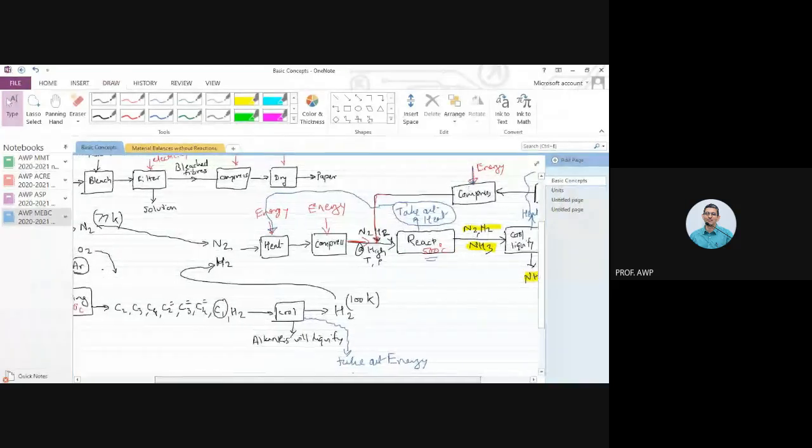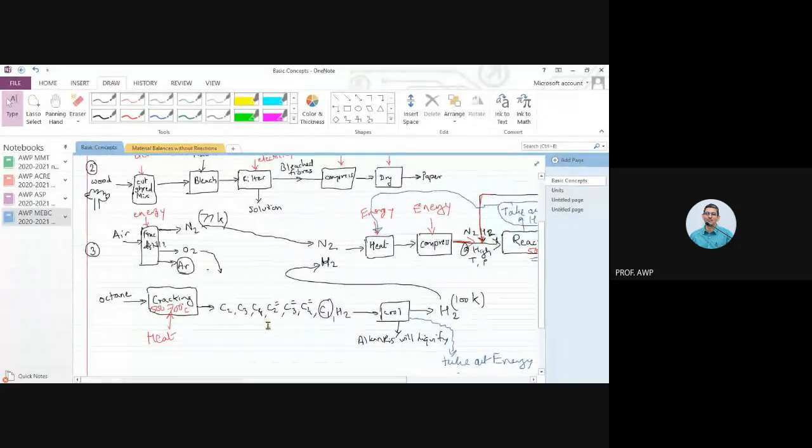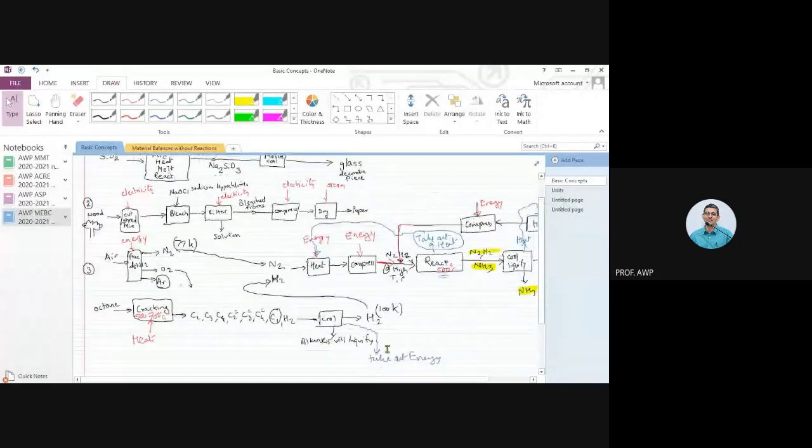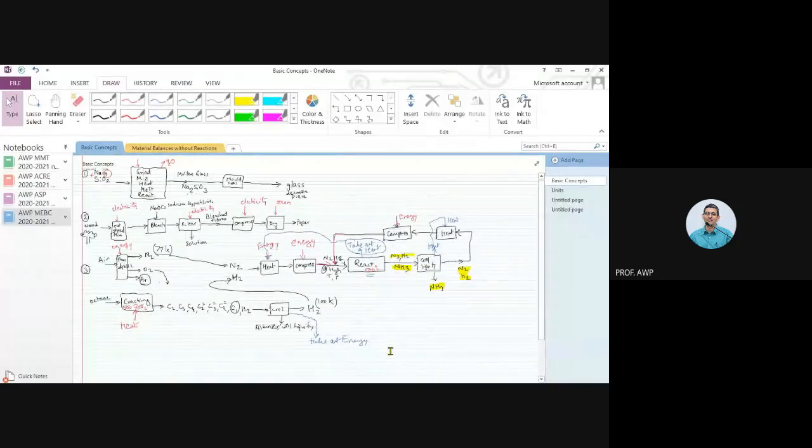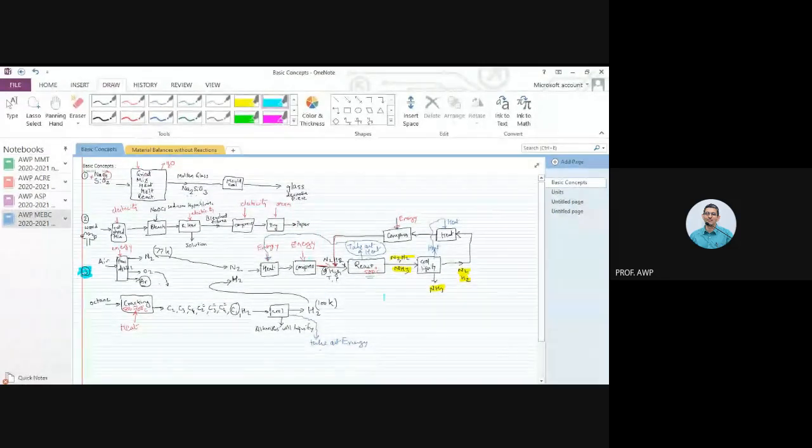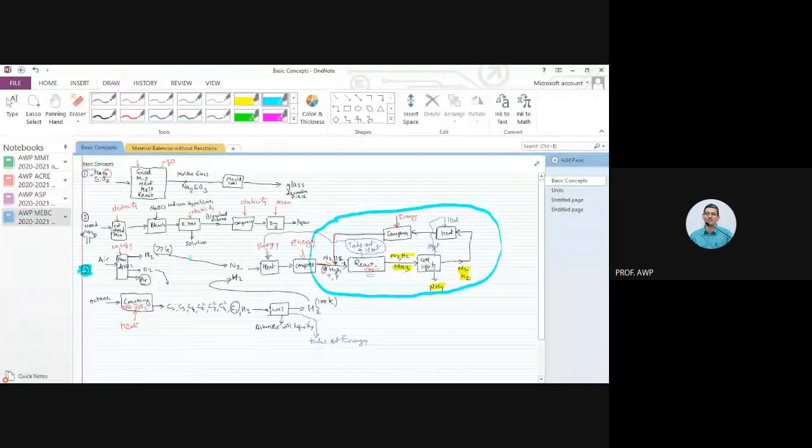Now, looking at all these three, by the way, just for your information, this is not how ammonia is made. Only this part of ammonia that you have told me is correct. This part is totally not correct.